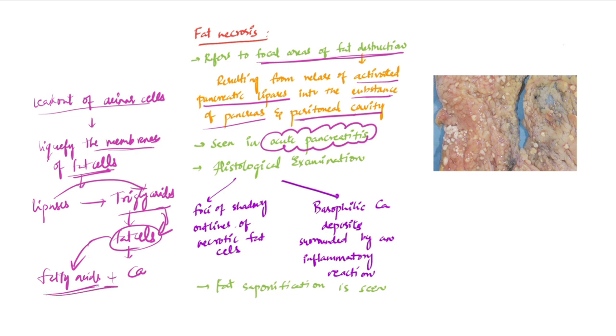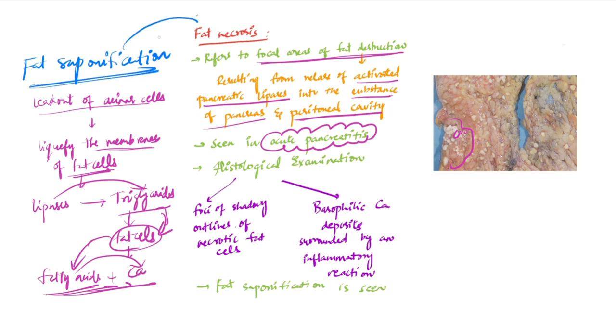These fatty acids get attached with calcium and form chalky white areas. You can see in this diagram the chalky white areas. That is called fat saponification. You see this in acute pancreatitis, and it is fat necrosis.